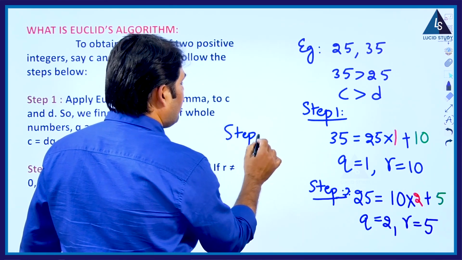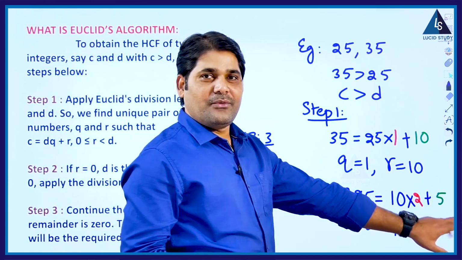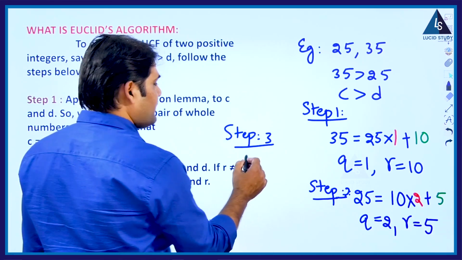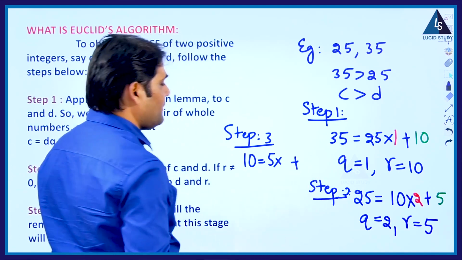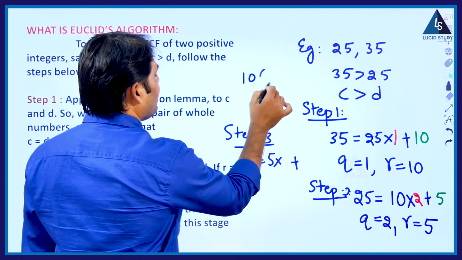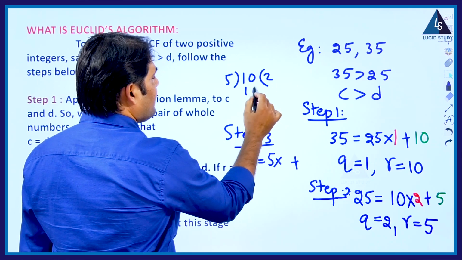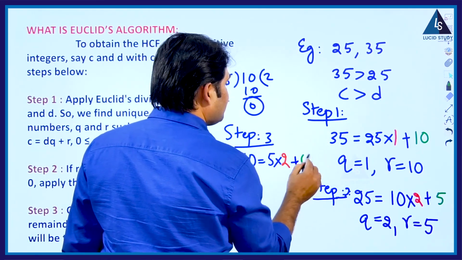Step 3. Euclid division lemma we need to apply between 10 and 5. 10 is equal to 5 into some number plus some number. Again divide 10 by 5. 5 twos are 10, remainder is 0. So quotient is 2, remainder is 0.